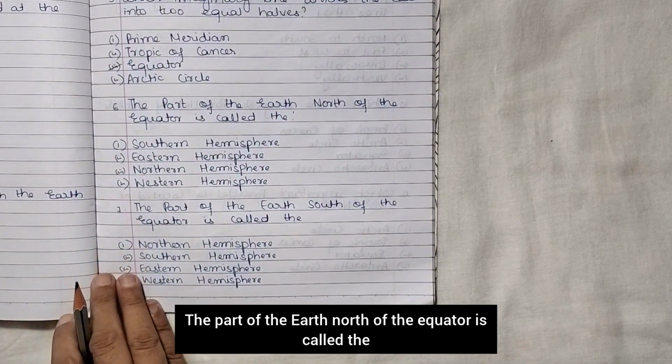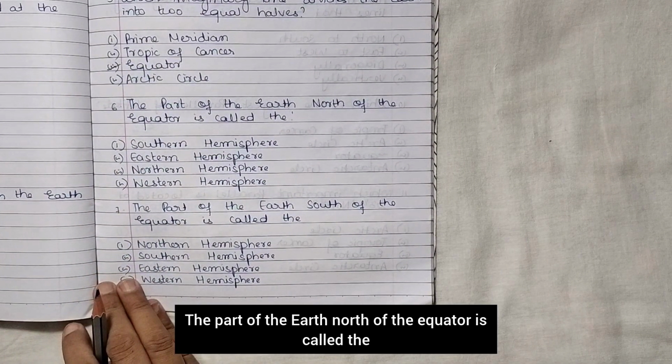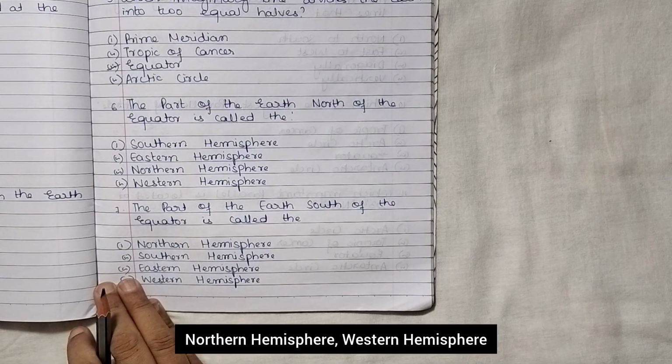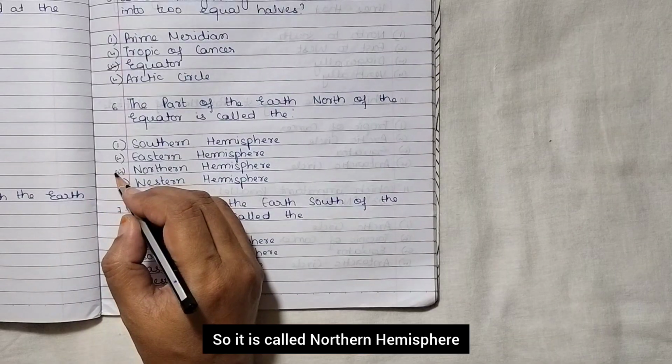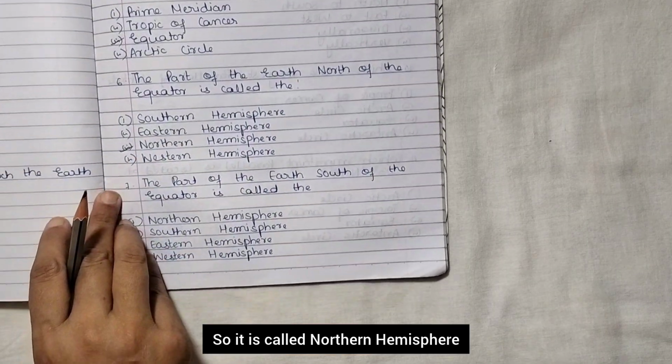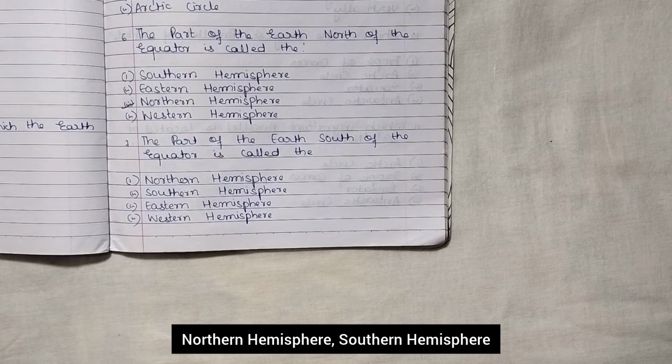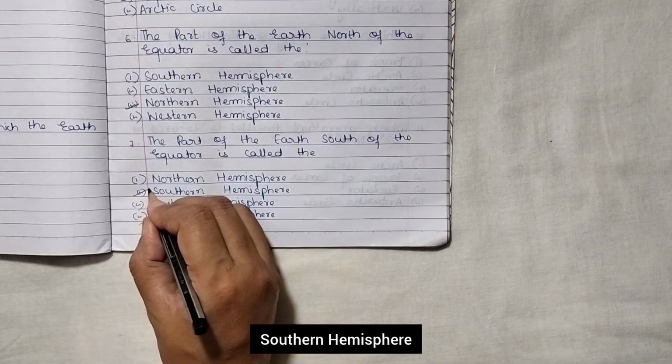The part of the earth north of the equator is called the southern hemisphere, eastern hemisphere, northern hemisphere, western hemisphere. So it is called northern hemisphere. The part of the earth south of the equator is called the northern hemisphere, southern hemisphere, eastern hemisphere, western hemisphere. Southern hemisphere.